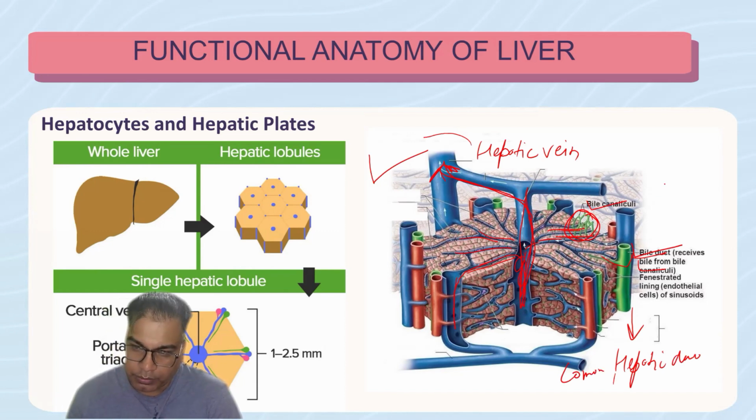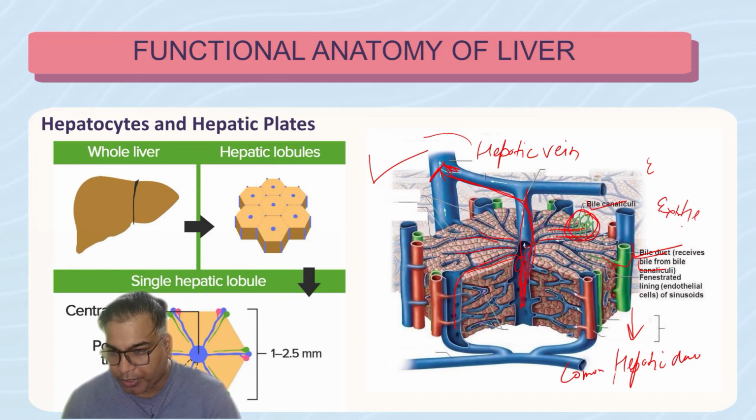After exit from the liver, it is called the extrahepatic duct or common hepatic duct, and finally it is connected to the cystic duct, which is coming from the gallbladder. And there will be some more connections we'll discuss in further classes.